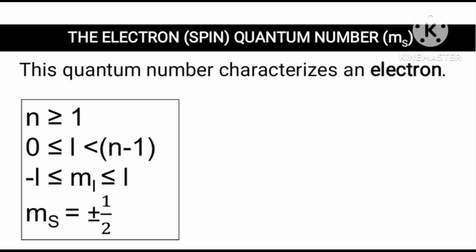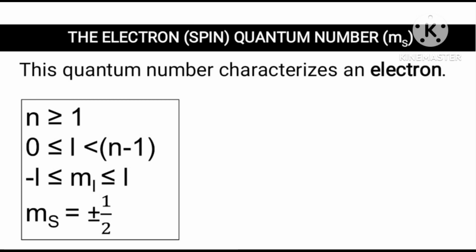So we said that n can be from 1 and more. L varies in the range of 0 till n minus 1. ML might have values from minus L until L. And MS might have only 2 values, plus or minus 1 second. It characterizes an electron.